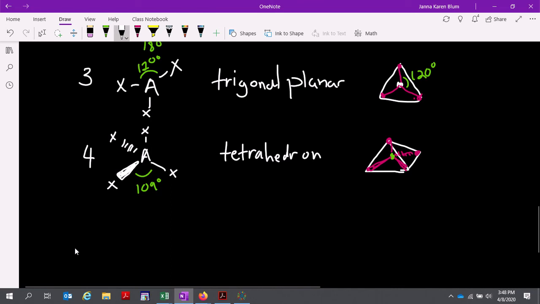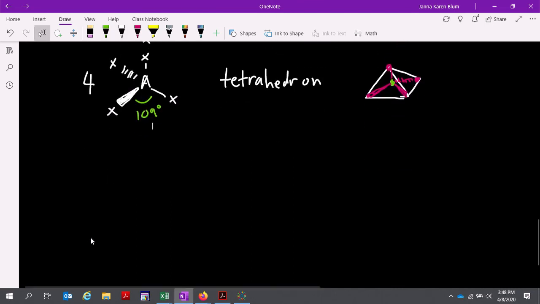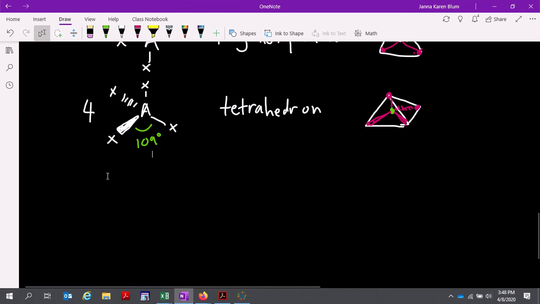We have two more shapes I want to look at. And this is going to be 5 electron groups.